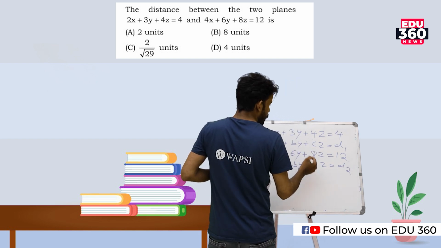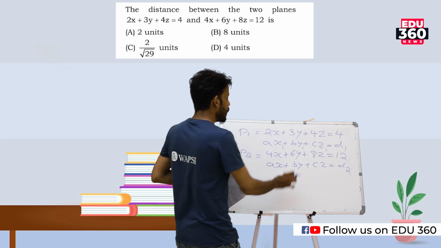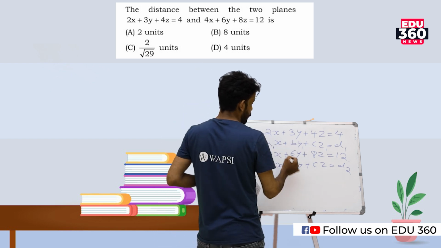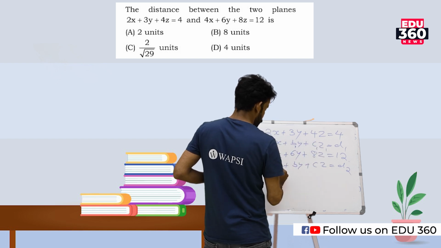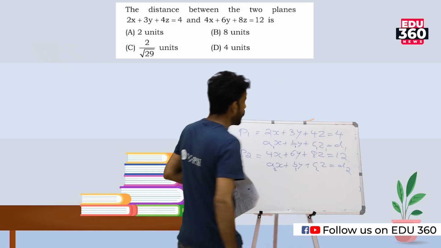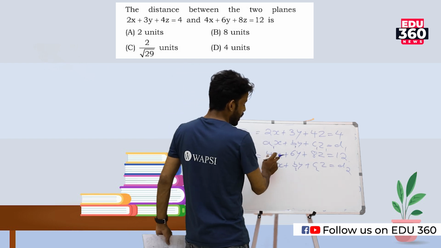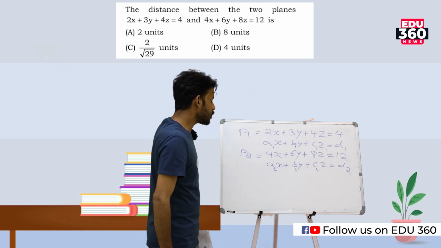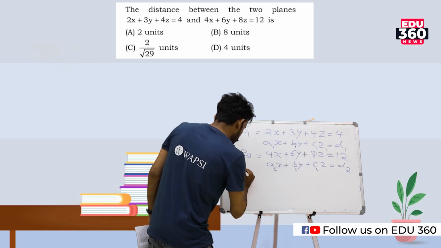That is, a1x plus b1y plus c1z is equal to d1, and a2, b2, c2 for the second. Now we can divide P2 by 2.